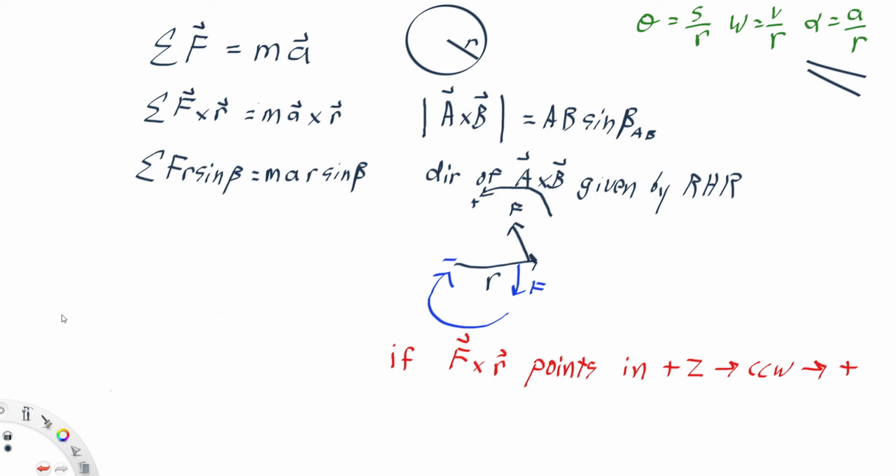So if we have a radius and a force, and they are at some angle to one another, we can split them into a part that is parallel and a part that is perpendicular.